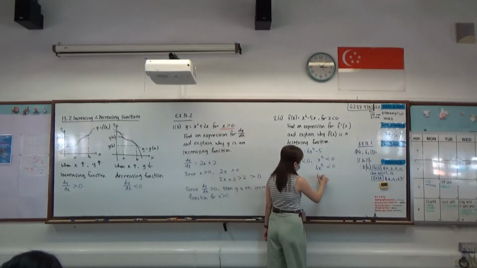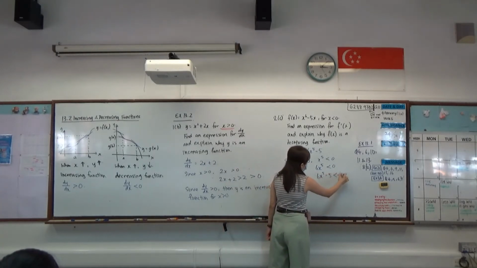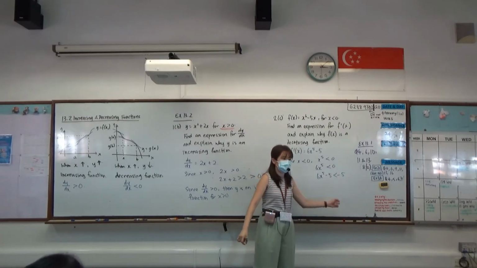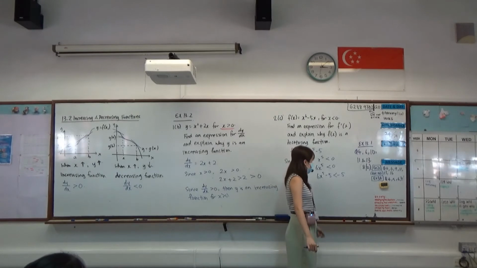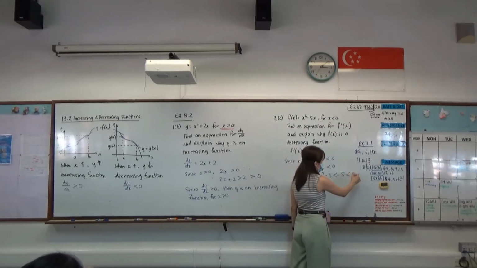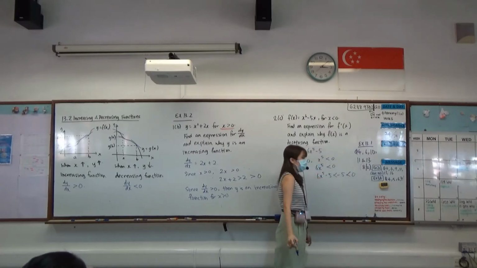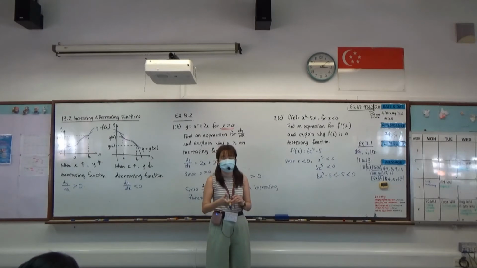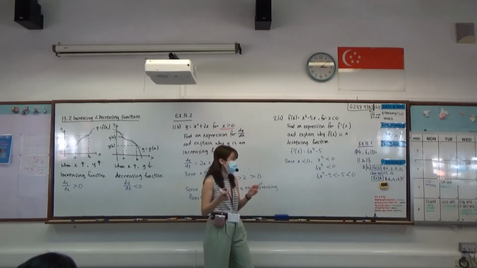Okay, and if it were to minus 5, it will be less than negative 5. So Joseph, I'd like you to put this in your working. I thought I saw less than 0. Okay, very good. So 6x to the power of 5 minus 5 is less than negative 5, then less than 0.